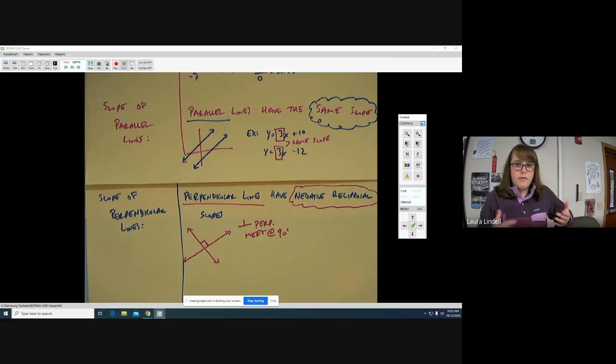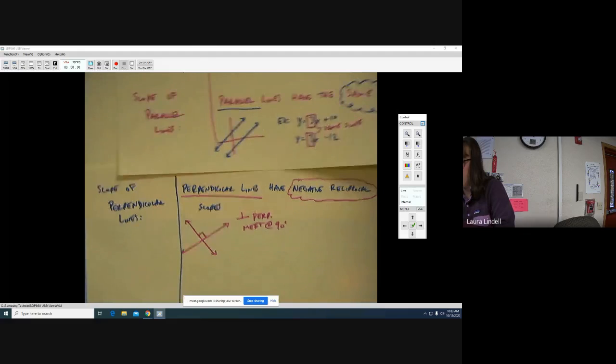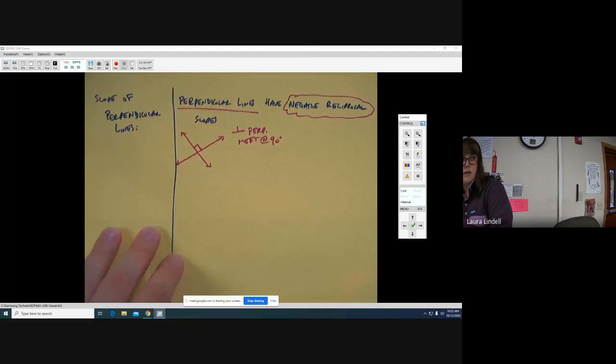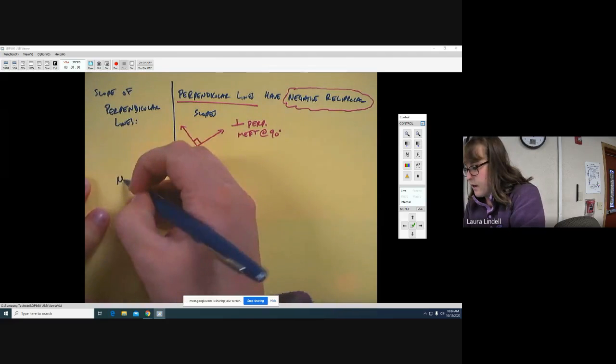Now we have to ask ourselves, what is a negative reciprocal? Well, to find a negative reciprocal, you have to do two things.